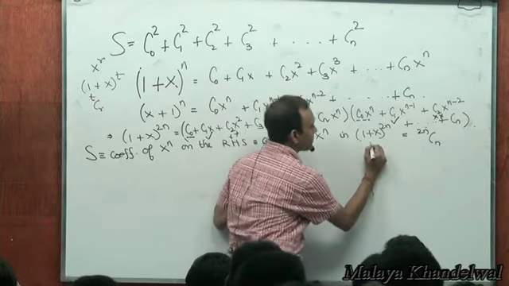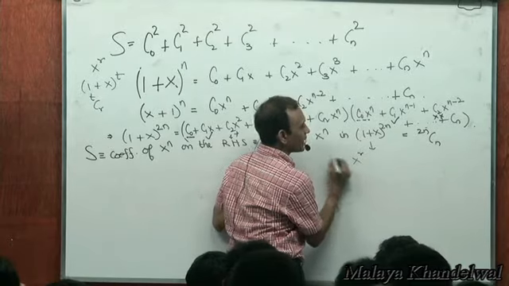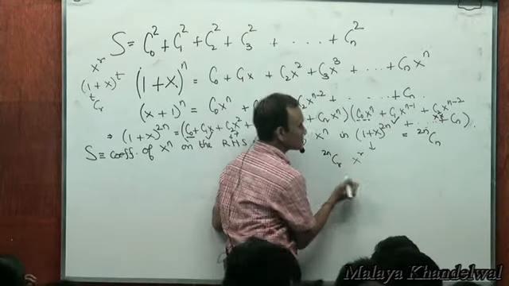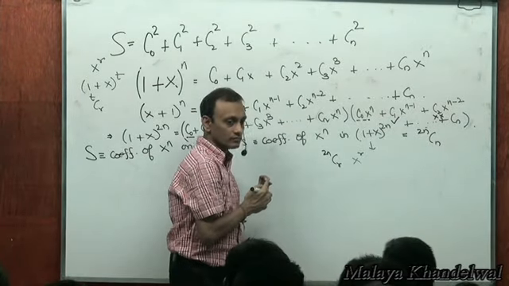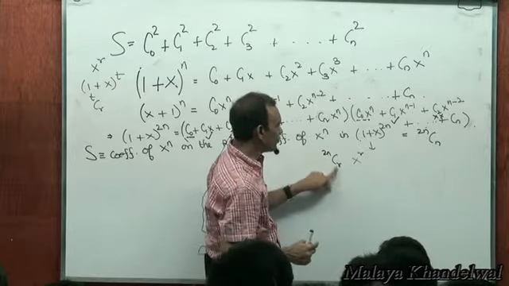What is the coefficient of x^r here? Coefficient of x^r here is going to be 2nCr, isn't it? So coefficient of x^n is going to be what? 2nCn.